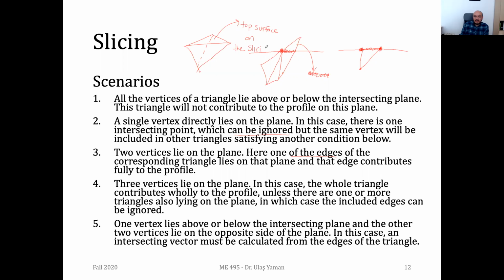So what we are going to do, if that's the case, we will simply take these vertices, and all the edges of the triangle will be part of the outer profile. If you look from the top view, we will obtain such a contour. This is our result after you do the slicing, and the edges of the triangle directly contribute to the contour. This is the top view.